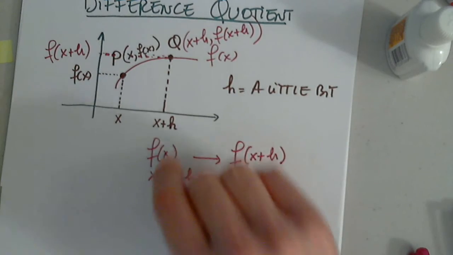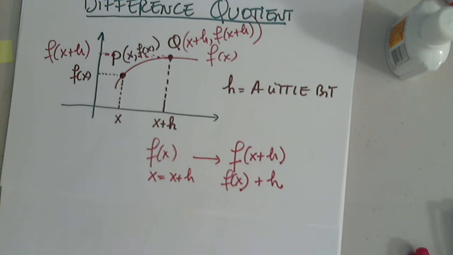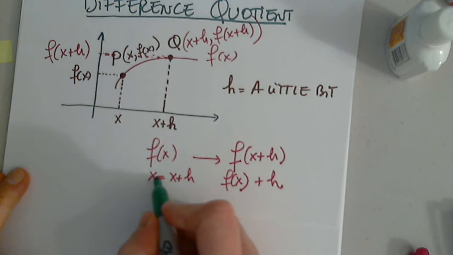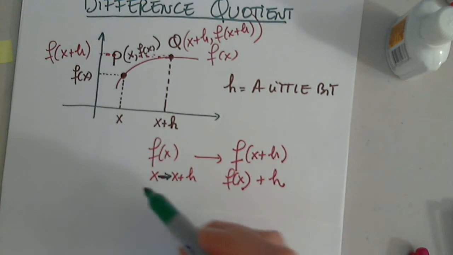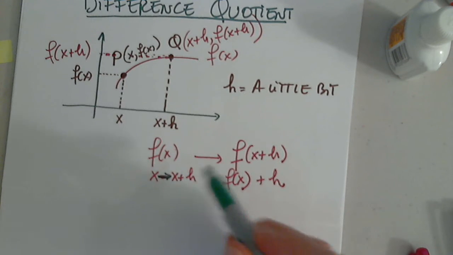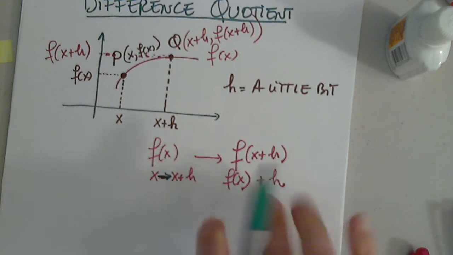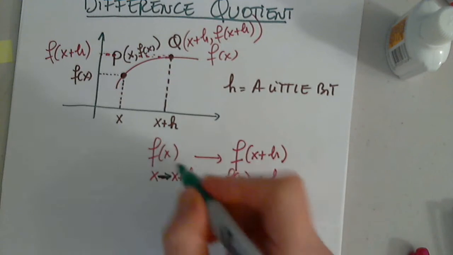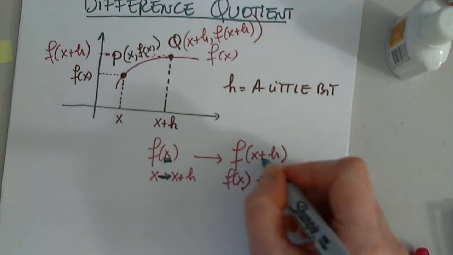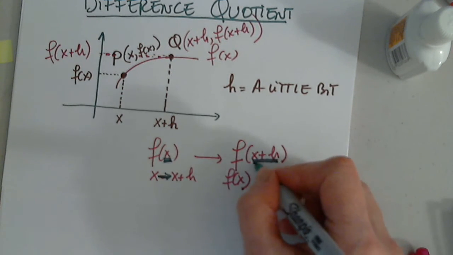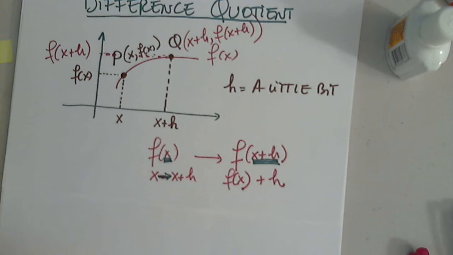If I want to evaluate it for x plus h, x gets replaced by x plus h inside the function, not outside.